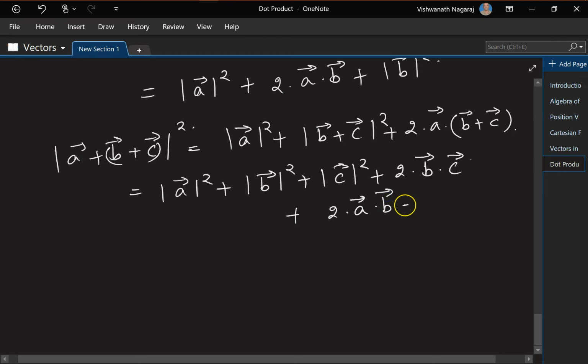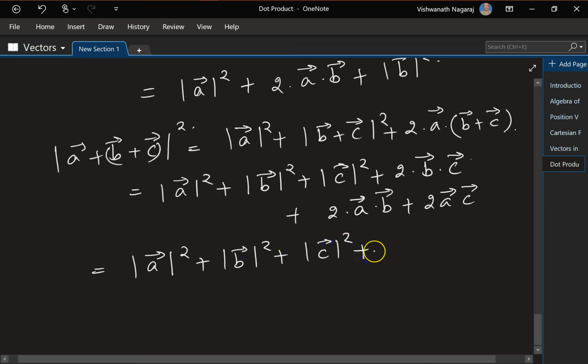So 2 A dot B plus 2 A dot C, which means we can now simplify: A square plus B square plus C square plus 2 times, common to all three, A dot B plus B dot C plus A dot C.